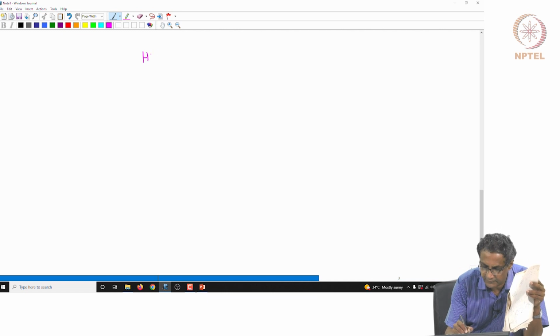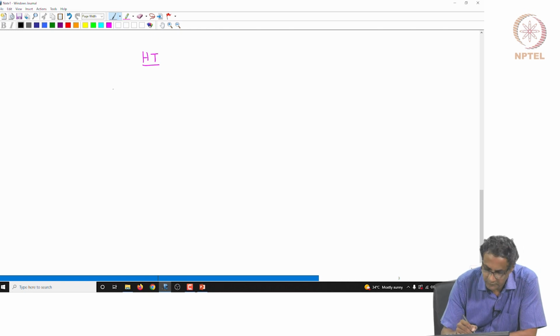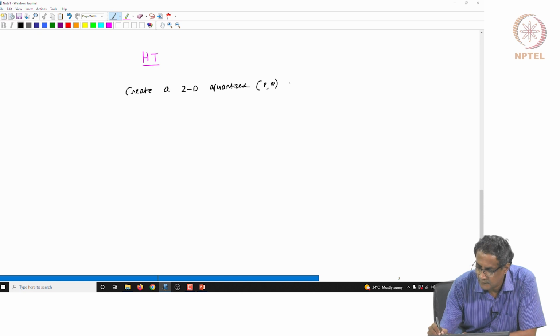The way to think about the Hough transform is like this. First, create a 2D quantized rho theta space.